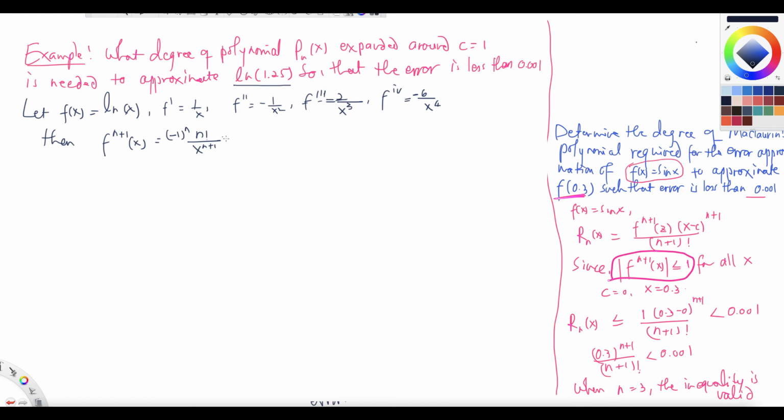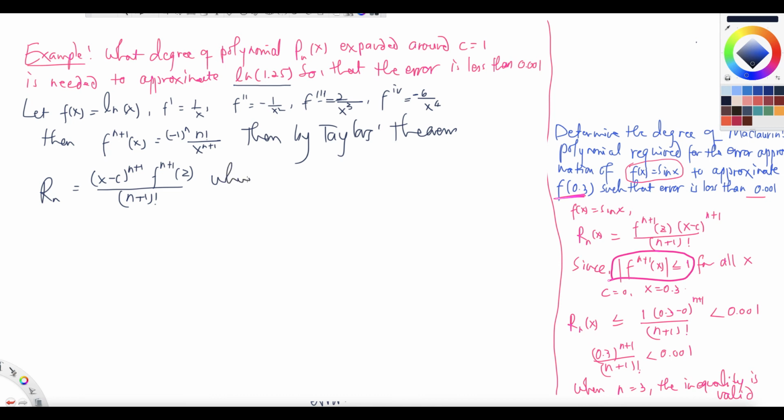Now, by Taylor's theorem, what do you get? Taylor's theorem says that R_n(x), the remainder, equals (x minus c) to the n plus 1, times f^(n+1)(g), divided by (n plus 1) factorial, where g is between 1 and 1.25.